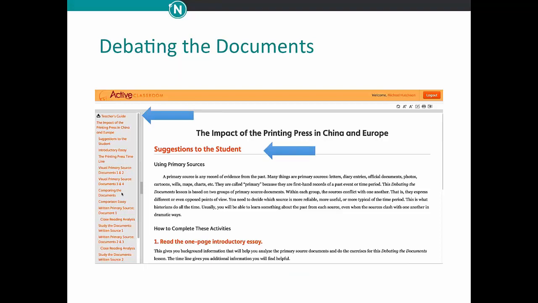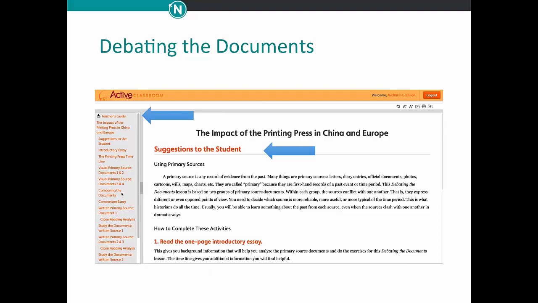You'll also notice that Debating the Documents includes suggestions to the student. This gives your students a framework for how they should best use it. I didn't put the entire thing on the slide because I didn't have enough room, but it covers how to use a primary source and what a primary source is.